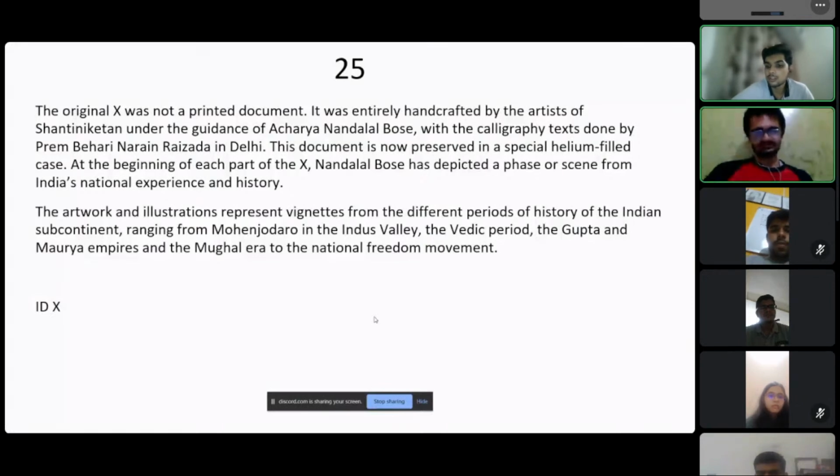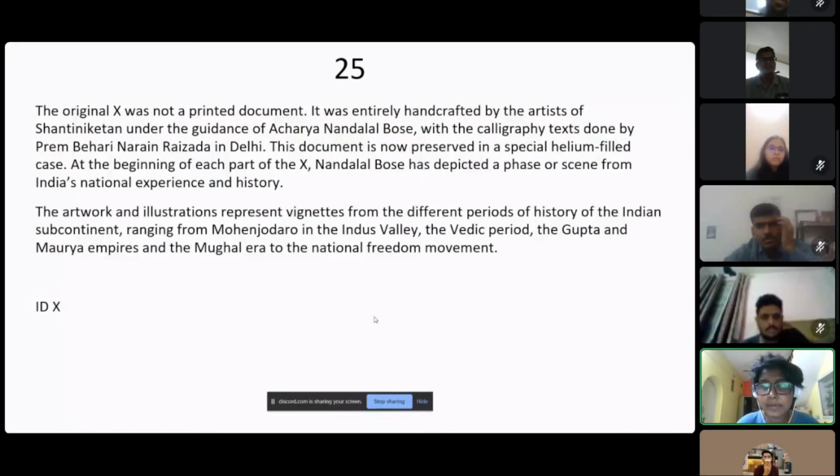Give your answer, please. Is it the black on white lino cut print? No. P7. It is an artwork. Is it an artwork, or is it something entirely different?